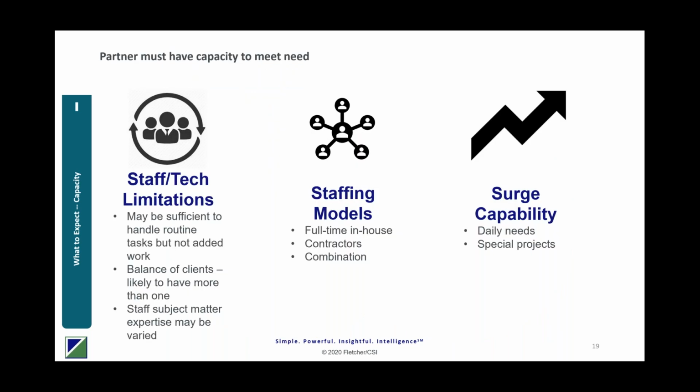They've got to have the capacity to meet your needs. So do they have enough staff? Do they have the technology that's going to do it? They may have staff that's sufficient to meet sort of those routine day-to-day activities, but if you add anything onto it, they may not be able to address it because their staff may be overloaded, or they may not have extra staff to deliver. So be considerate of that.